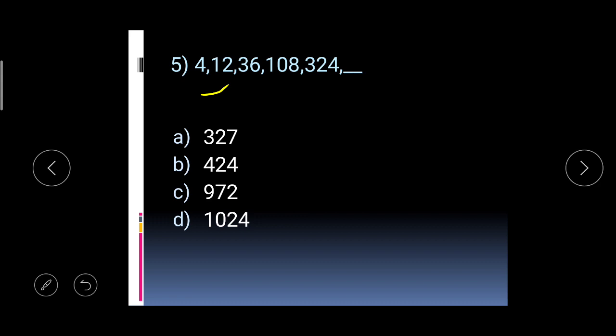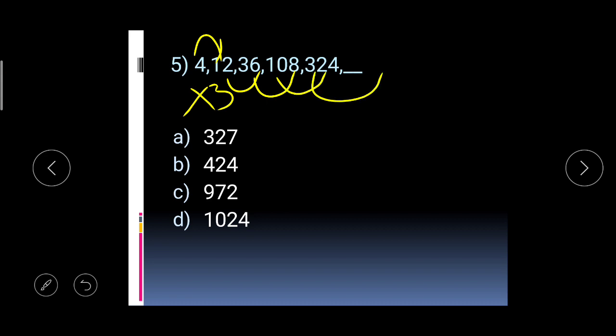But if we take multiplication, 4 times 3 gives 12. If I multiply by 3 again, am I getting the next term? Yes. Again multiplying by 3, I am getting the next term.